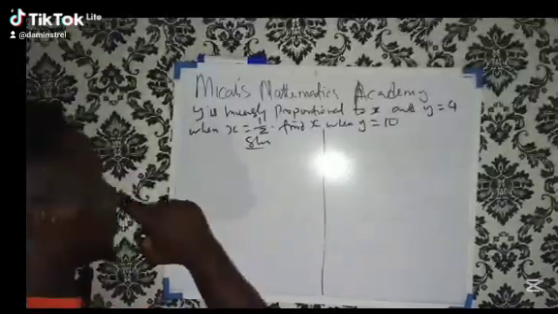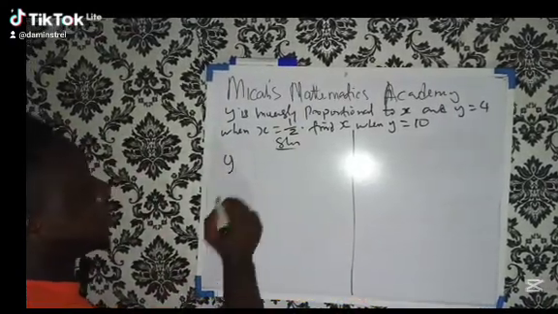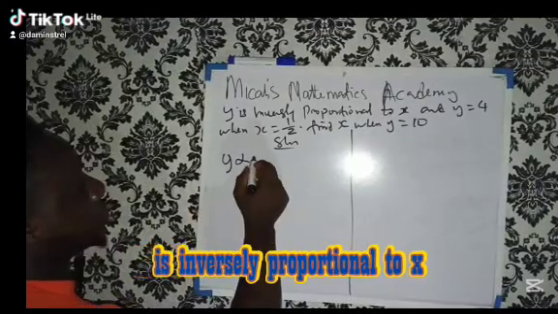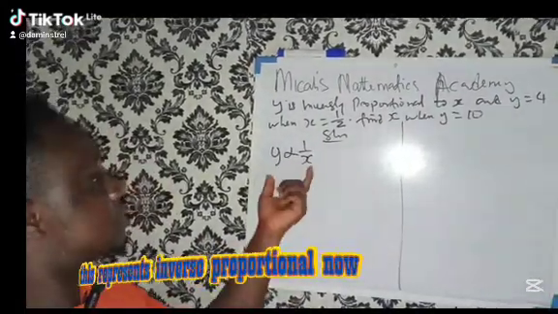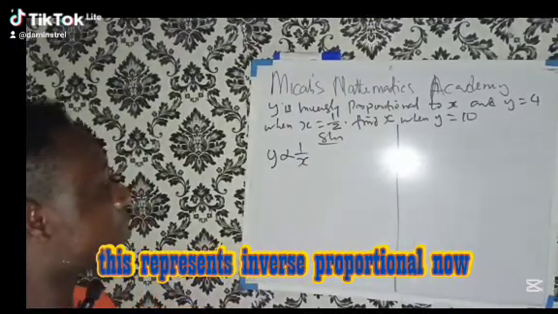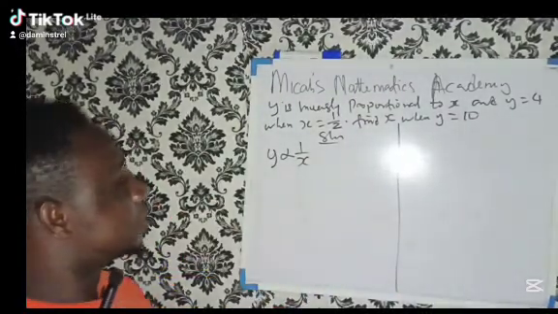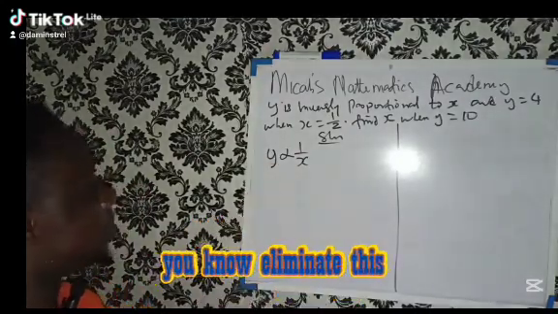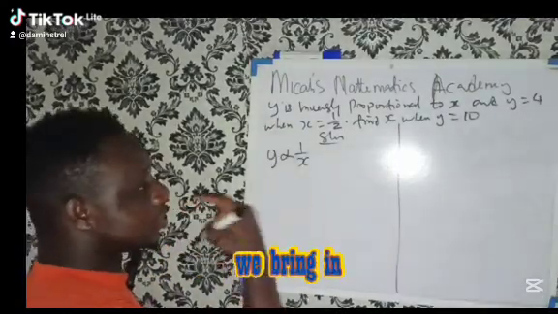So here we are made to understand that y is inversely proportional to x. This represents inverse proportional. Now, in order for us to eliminate this inverse proportional sign, we bring in the equation sign.